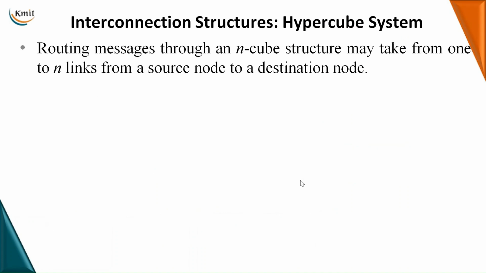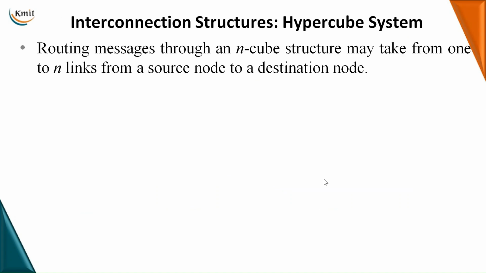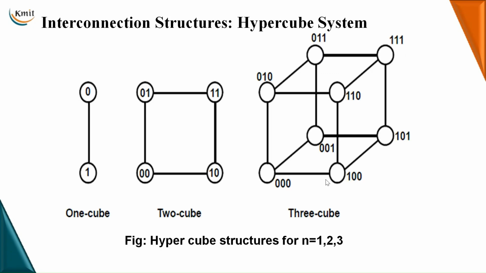And here the routing of messages also takes place. Whenever a message has to be routed from one end to the other, how can the routing be done? Routing a message through an n-cube structure may take from 1 to n links from source to destination. It can be one link or n links to move from the source to the destination node.